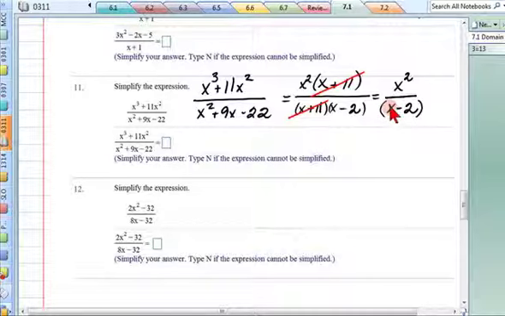You can't mark out part of it. X is not a factor of the denominator. A factor means it's times something. X isn't times something, it's added or subtracted. So don't touch it. I don't know whether you get to use those parentheses in your final answer or not. Is that okay?